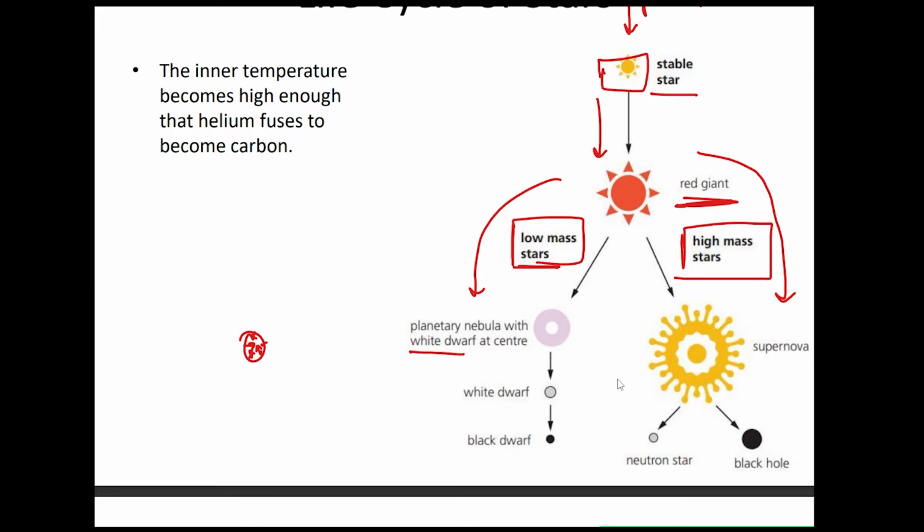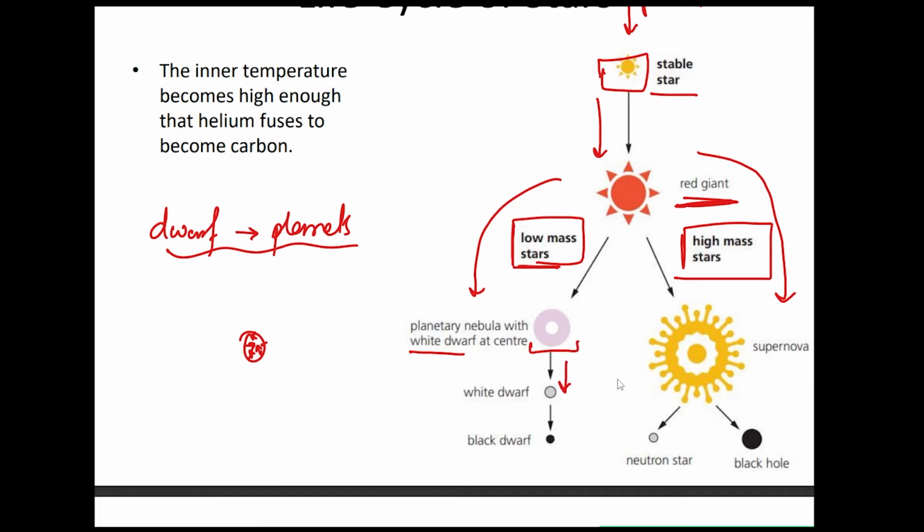And we remember that dwarf is a word used for planets in the previous lesson, right? So planets that are too small, just like the asteroid, right? And Pluto. Pluto was referred to as a dwarf planet, right? So it forms a white dwarf at the center, and the whole system is known as a nebula, right?